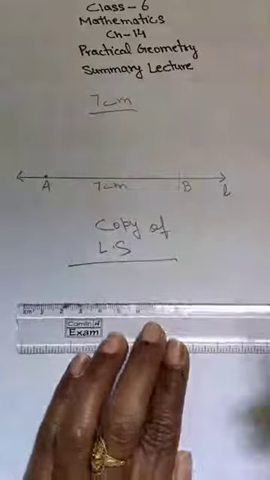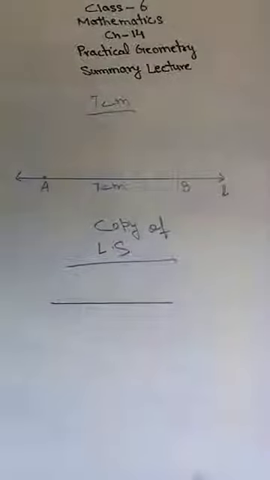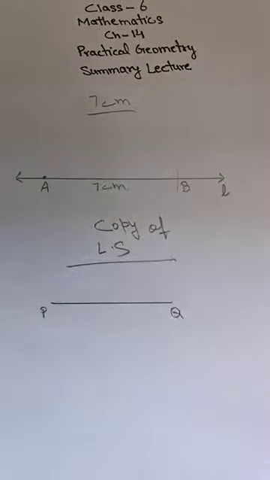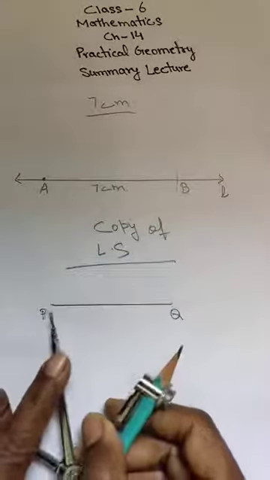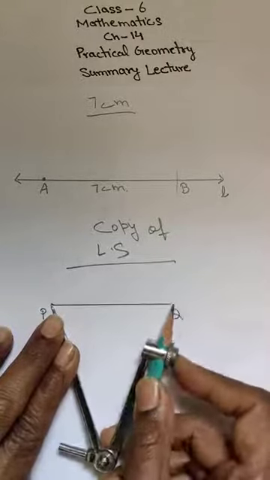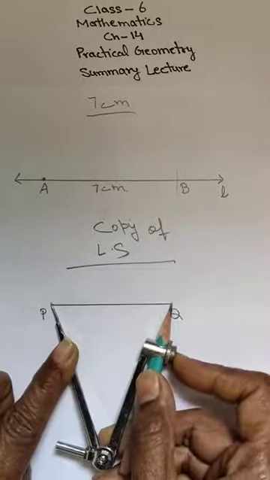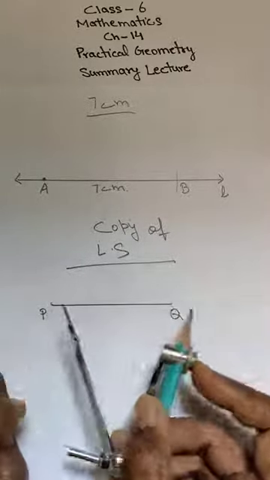I have not measured its length. Now place one end of the compass at P and the other end at Q, or we can say open your compass equal to length PQ. Fine.